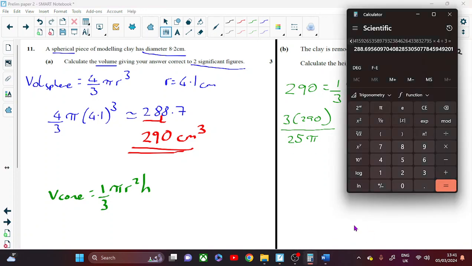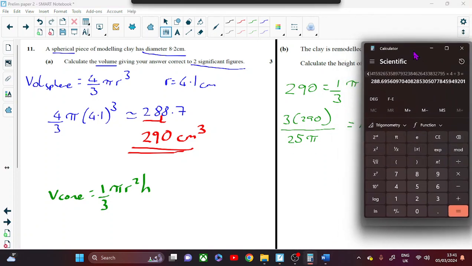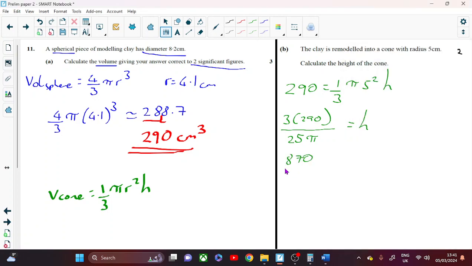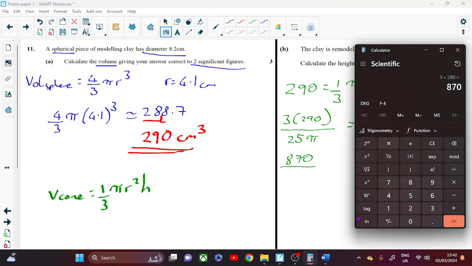On my calculator I have got 3 times 290, that's 870, and I have got my 25 pi divided by 25 pi.